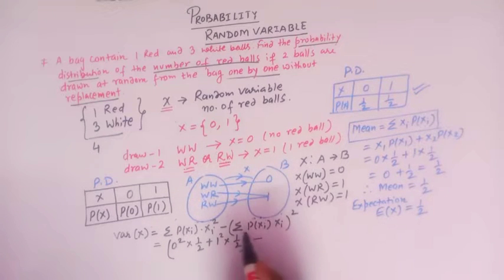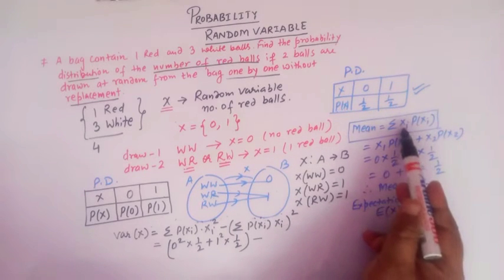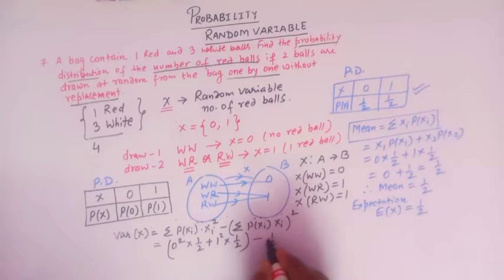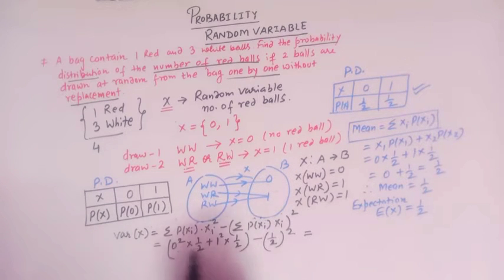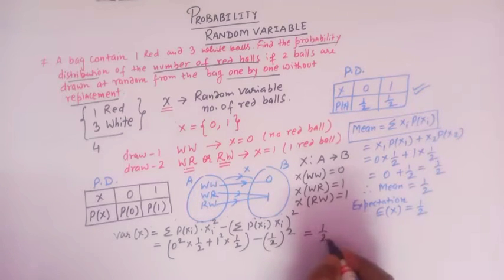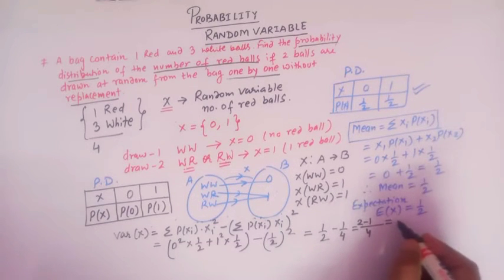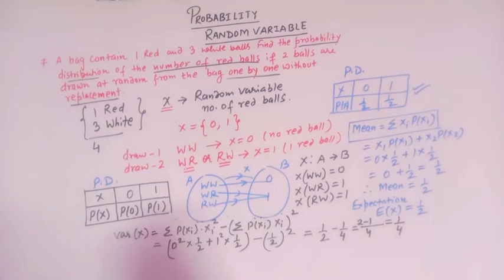And here we have sigma of xi P(xi), which we have just calculated, which is the mean, given by half. So here we have simply half square, right? So now we can solve this. This is 0, and here we have half, and this is 1 over 4, so 2 minus 1 over 4, that is 1 over 4, right? So the variance of this random variable is given by 1 over 4.